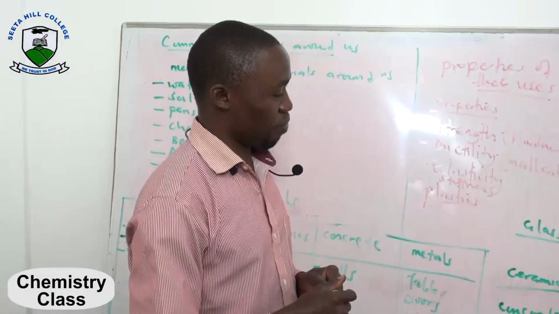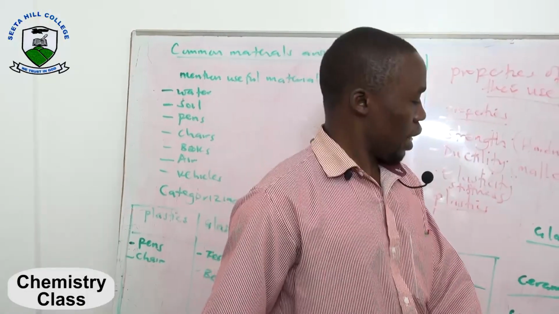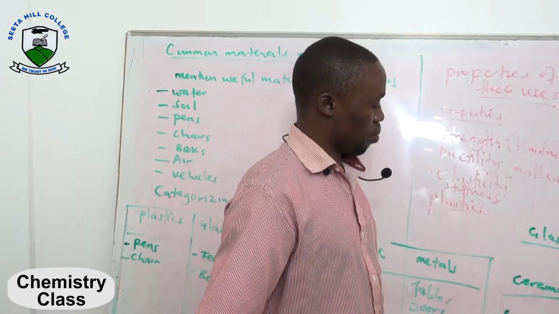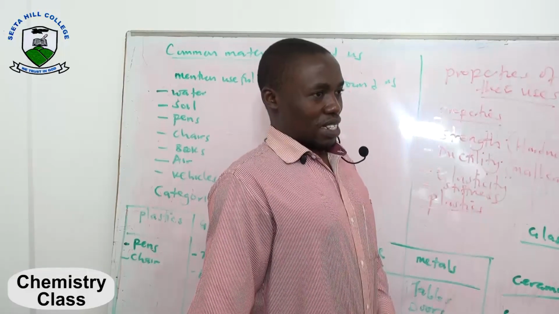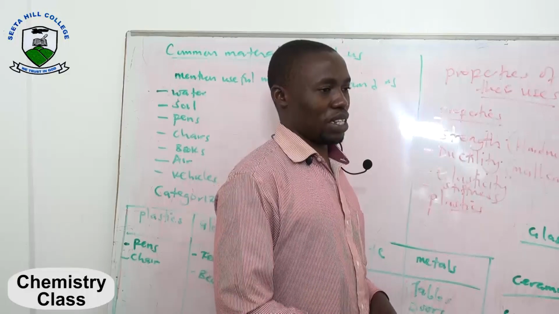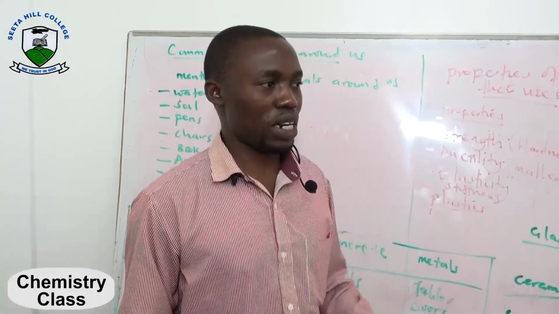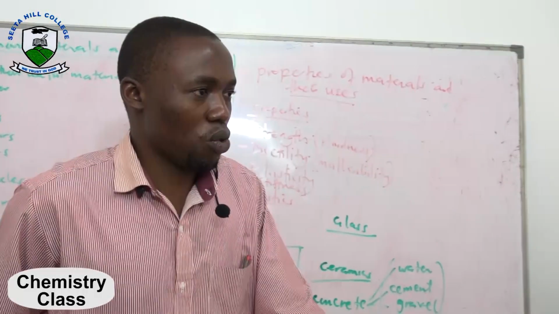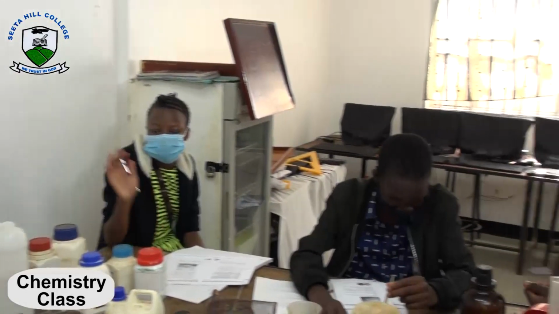Now, concrete is very hard, not so? What are some of the properties which make concrete very preferred? Let me hear from Paulo. Why do we like concrete very much, and where do we like it? Concrete is preferred because it is, first of all, resistant to fire and resistant to harsh weather.